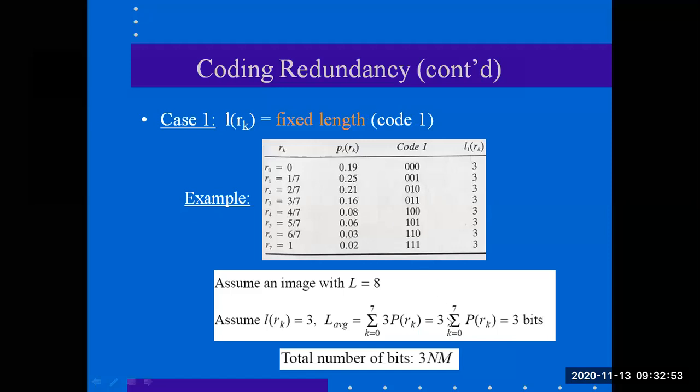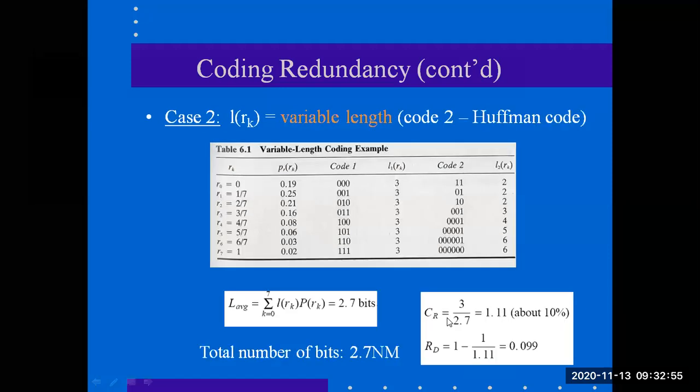In the second case, we are considering code word 2. We just add code word 2 to the previous table, with different bit lengths. And from this table, we calculate the L average and the total number of bits, or the size of the image, for this variable code word.